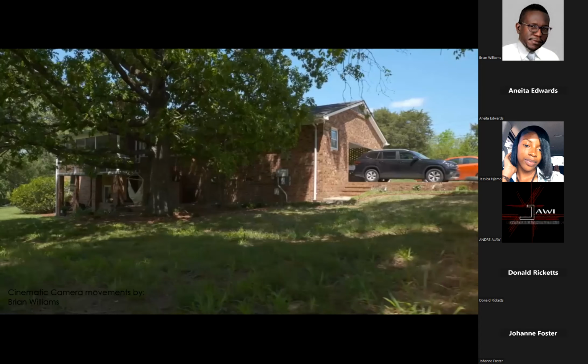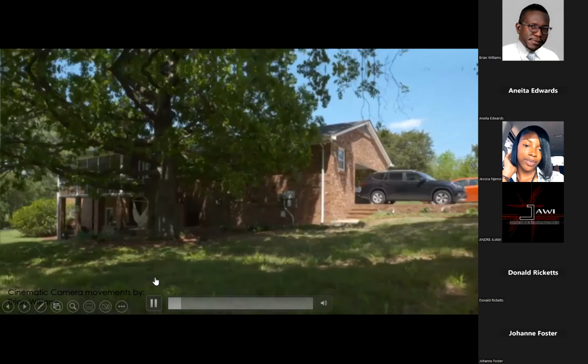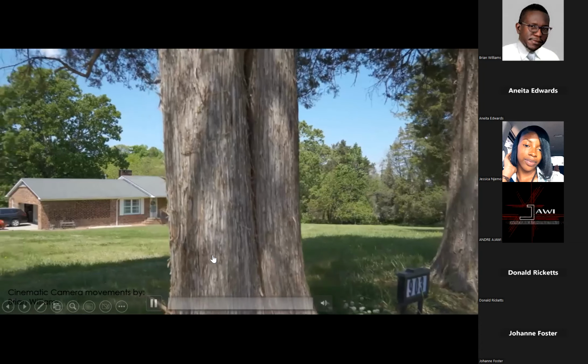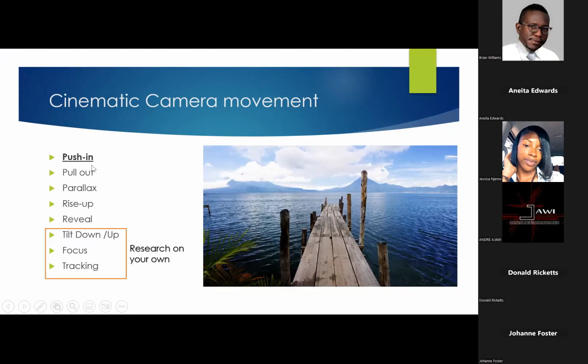So just like how we use rules of composition, there is also, well, it's not exactly rules, but there are standard cinematography guidelines that you would normally follow, especially when you're capturing any footage of architecture, right? So there are a couple standard cinematic camera movements, right?